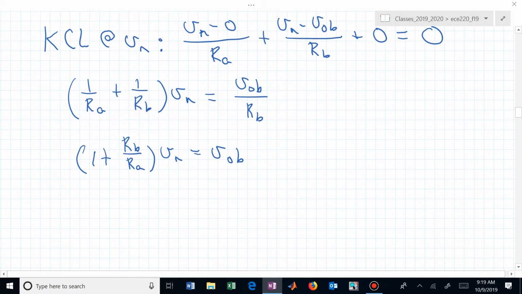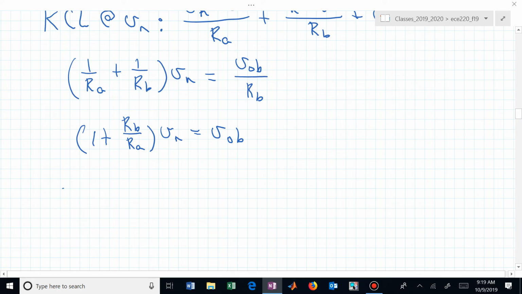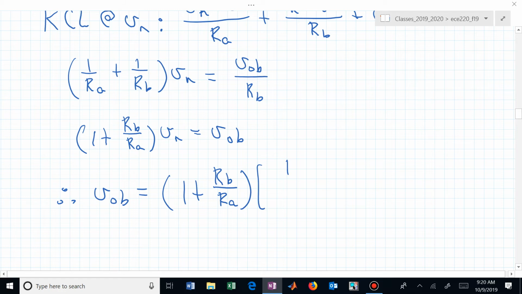Putting all of those pieces together, we now can say that the contribution to the output voltage from source B is 1 plus R sub B over R sub A times V sub n, but V sub n was V sub P, and V sub P was R sub D, this voltage divider relationship, times V sub B.